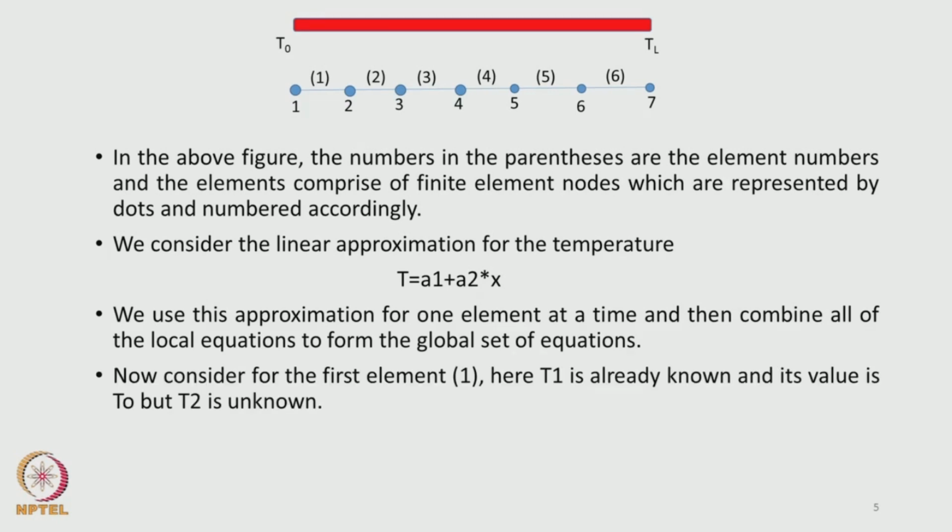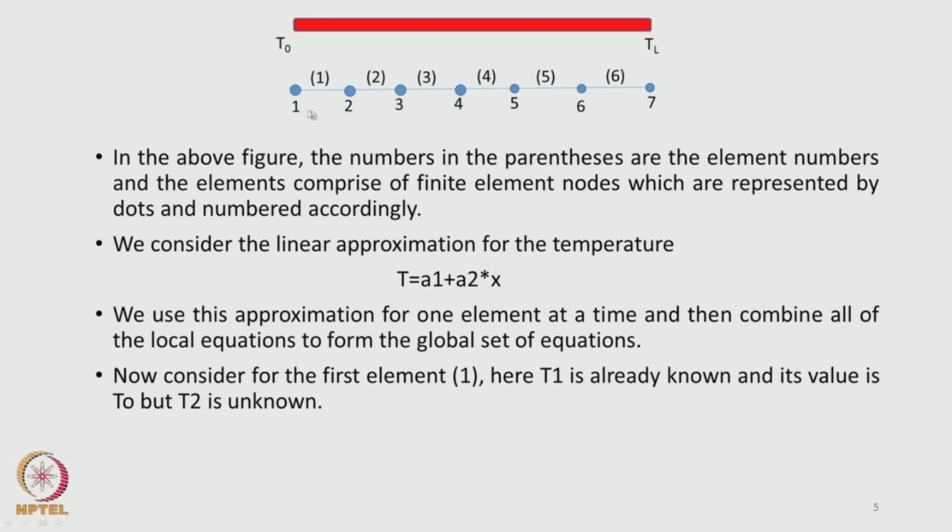Consider the first element, for example, element 1. T1 is already known. T1 is the left side temperature, which is given from the boundary condition as T0, but T2 is not known. That is, the temperature at nodal location 2 is not known.